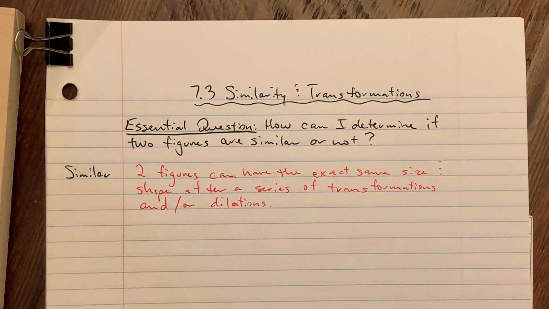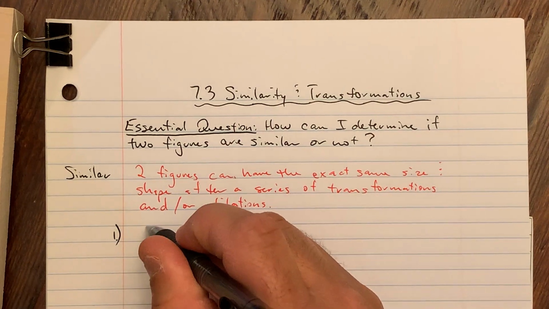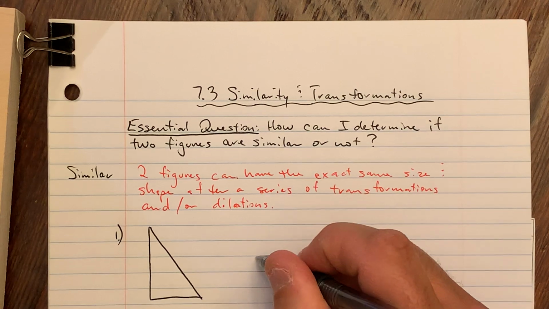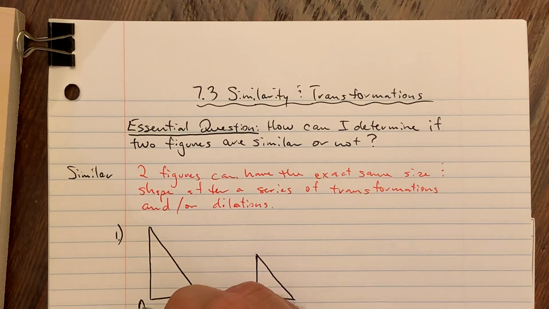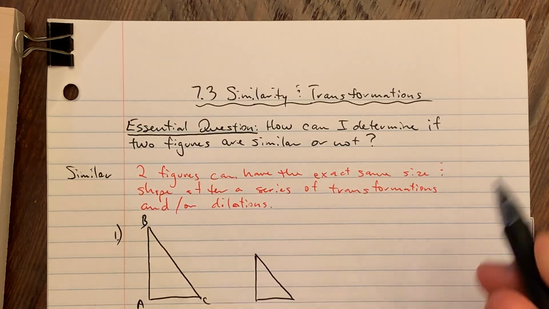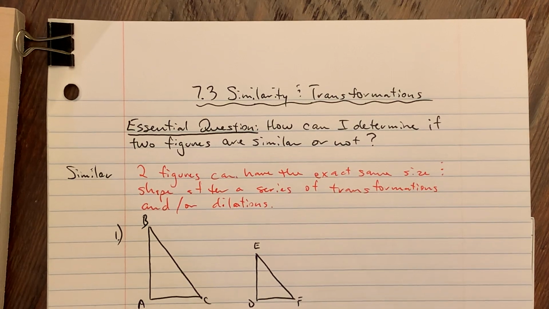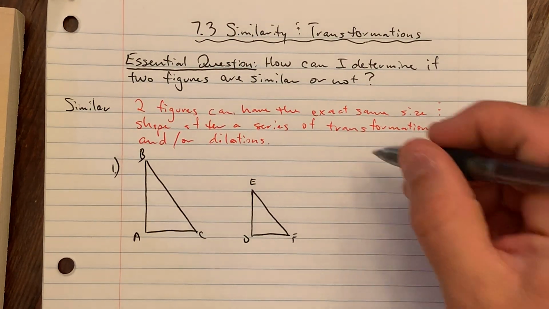All right, so let's start here with example one. I'm just going to give you two triangles. Let's make this one A, B, C, and let's make this one D, E, F. The question we're going to ask is, are they similar?